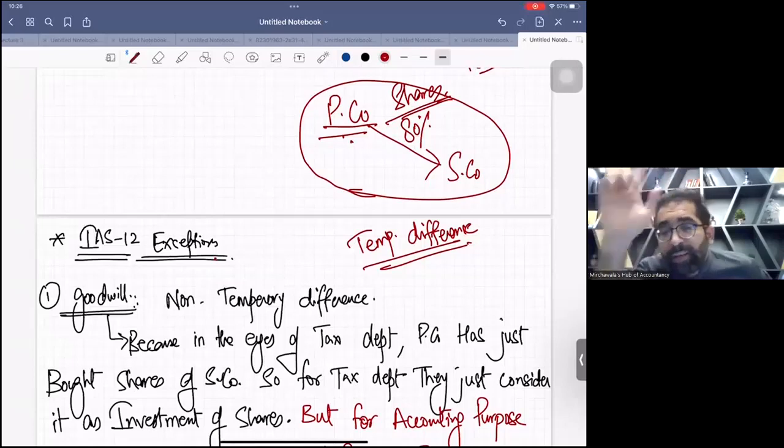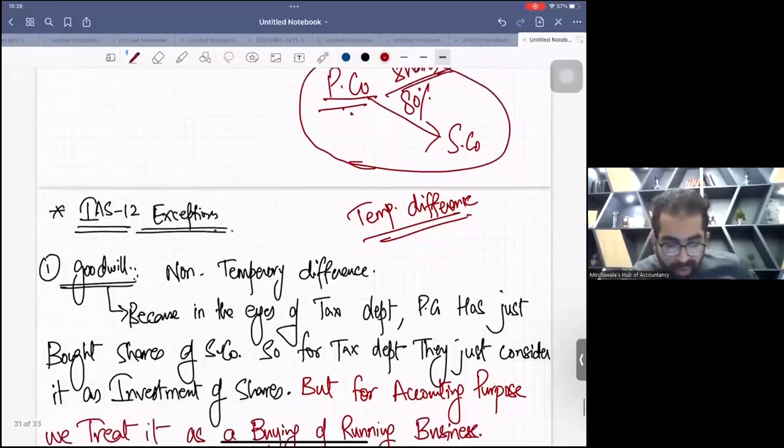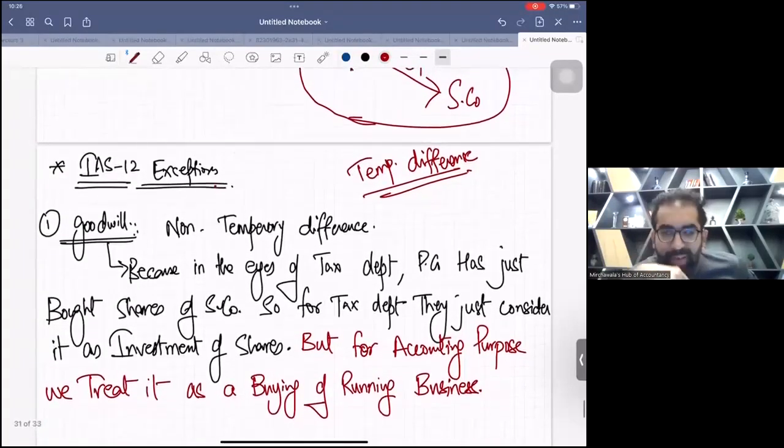We will never allow it, not even in future. So this is not a temporary difference. This is a non-temporary difference, like a permanent difference. So no deferred tax on it. This, please read it very slowly. These 4 lines.